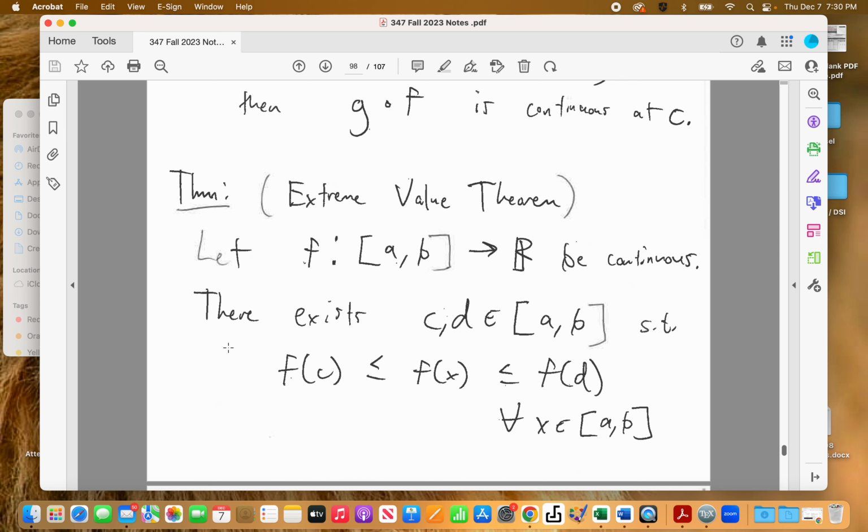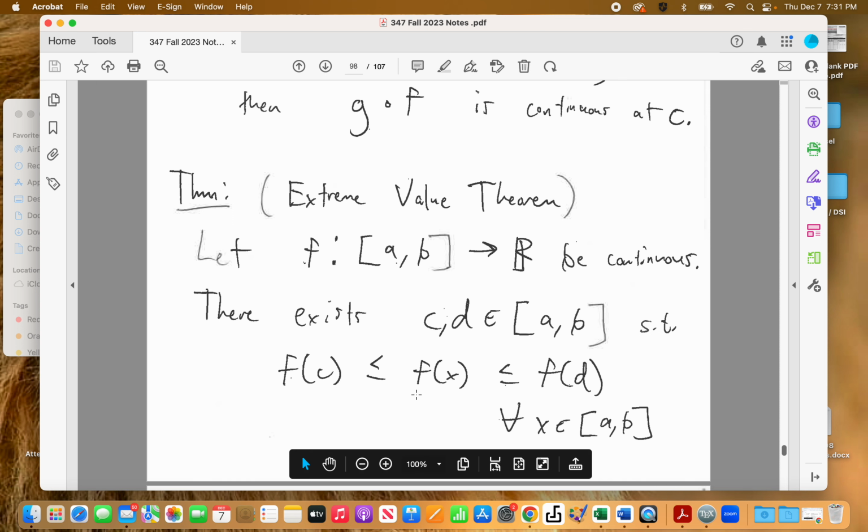So, for example, if I said to you, let f be a continuous function on this closed interval [a,b], then there exist c and d in the interval such that what? Could you finish off the rest? Well, it's the extreme value theorem, so there exist extreme values.